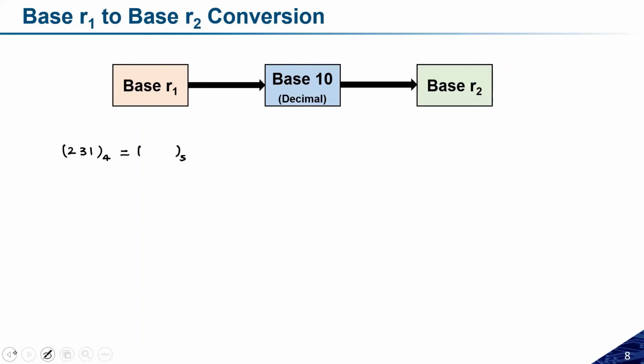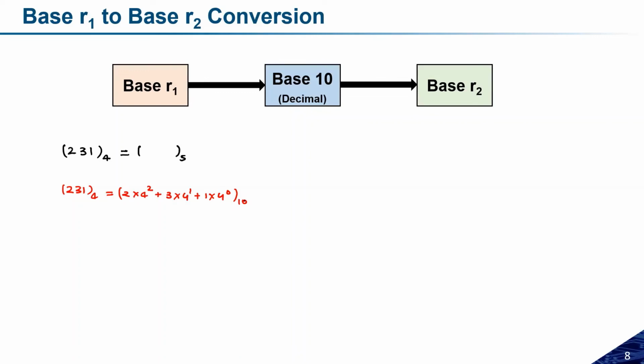In the previous slide, we saw that if I have some other base and I have to convert into the decimal number system, we just multiply each bit position with its weight. So it will be 231 in base 4, which we can write as 2 into 4 to the power 2, because the base is 4, plus 3 into 4 to the power 1, plus 1 into 4 to the power 0, and this number will become the decimal number.